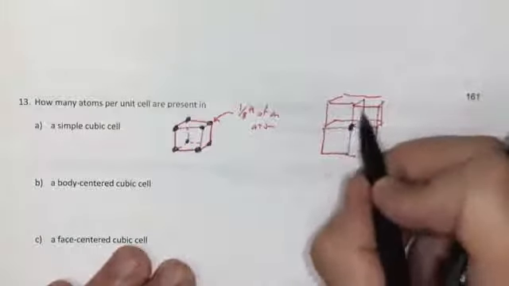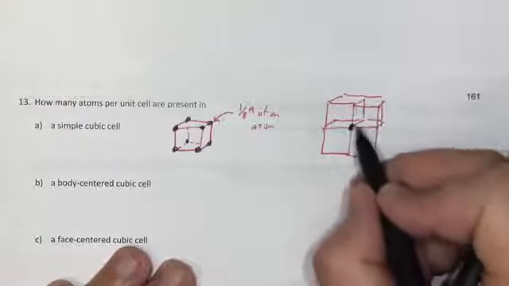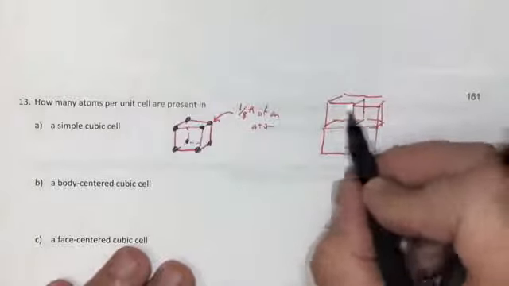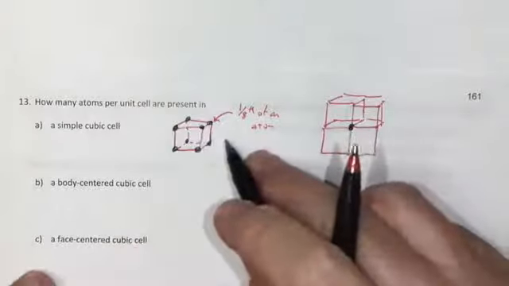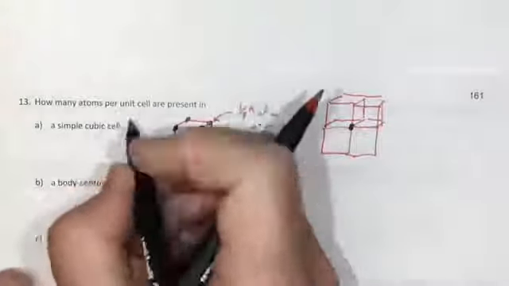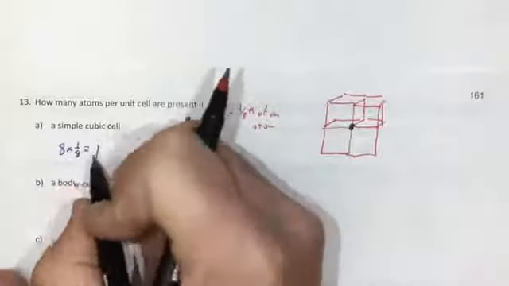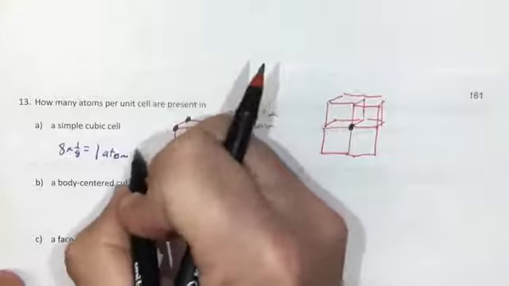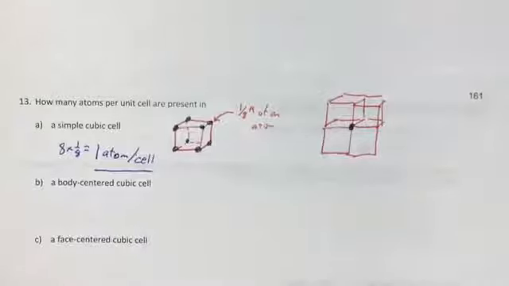You can see this atom is shared by 4 cubes. But I've drawn 4, and there are 4 more cubes on top of it. So each cube has 1/8 of the atom. There's 8 cubes that come together at this point. And there are 8 corners to a cube. So to get the number of atoms per unit cell, it's 8 times 1/8, which is equal to 1 atom per cell. So this is something that you should be able to determine: 1 atom per unit cell for a simple cubic cell.